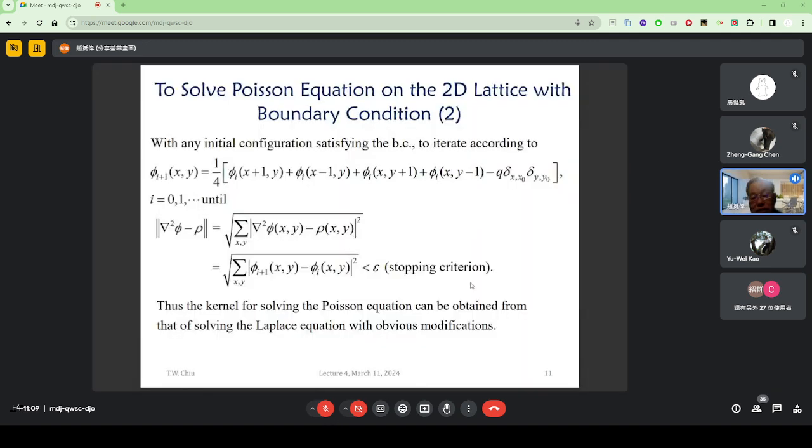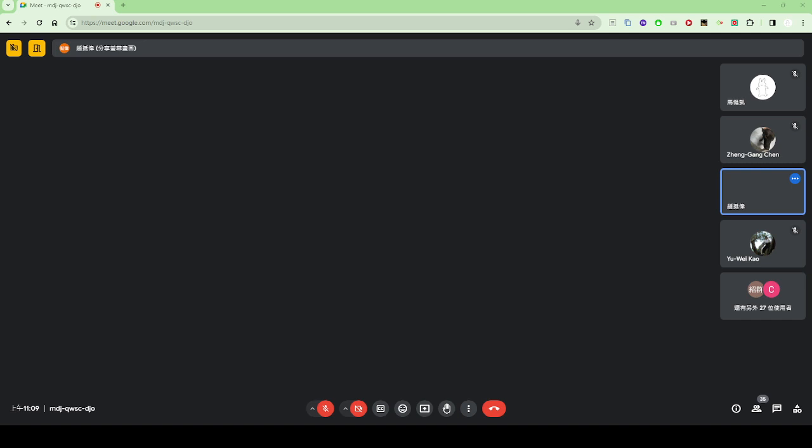Now, this is the question you asked. If the right hand side is rho, then here this is the Laplacian phi minus rho. Again, this amounts to this.